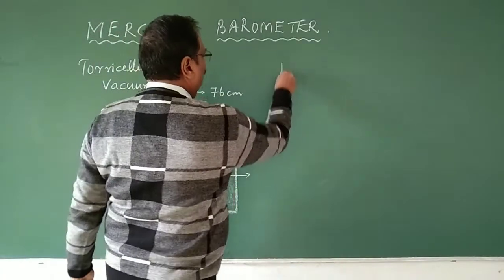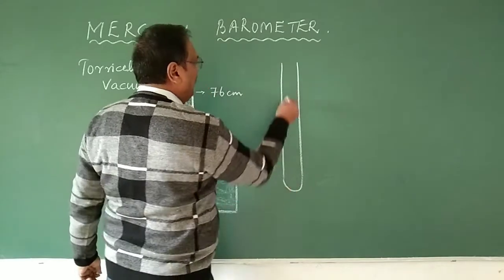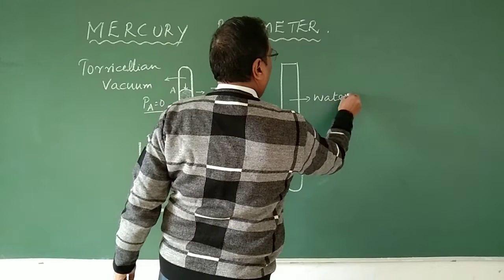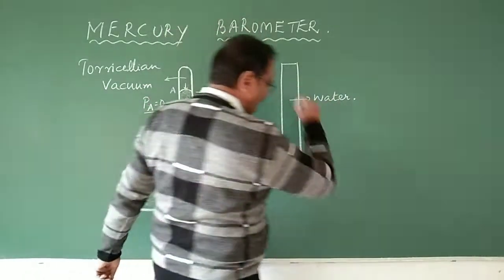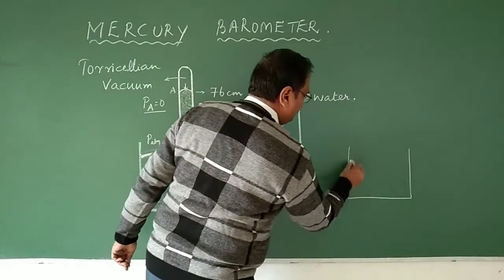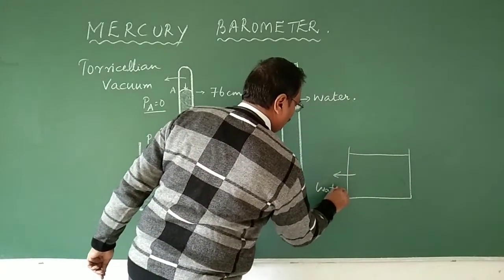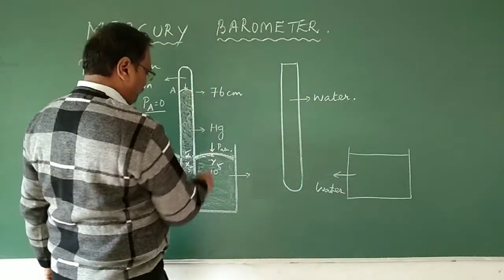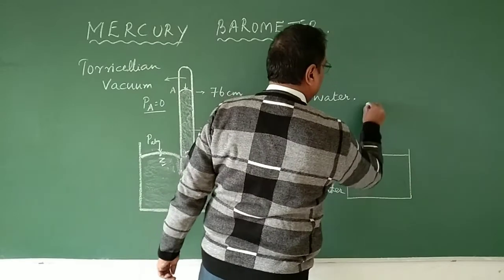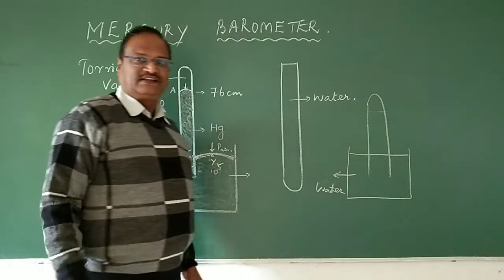If I take a tube, and I fill it with water, and I take a container also of water. See, this liquid is also water. Mercury, water. I invert this like this, and it is going to come to some particular level.